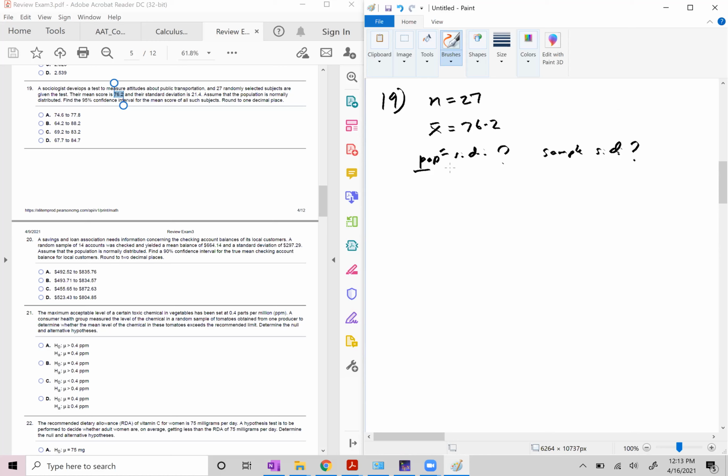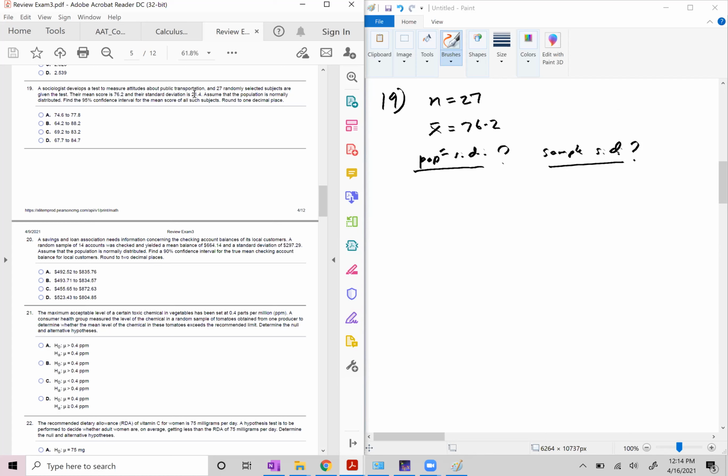If the population standard deviation is given, you use one equation. If the sample standard deviation is given, that means if the population standard deviation is not given or unknown, you use another equation. Note that this standard deviation is for this sample of 27, it's clearly stated here: and their standard deviation is 21.4.